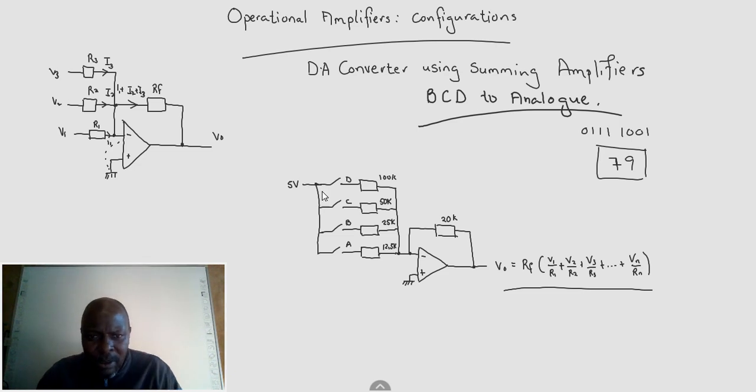If you look at 7 and 9 here, these are units and these are tens. I could also have tens like 3, which would be 0 0 1 1 in BCD.